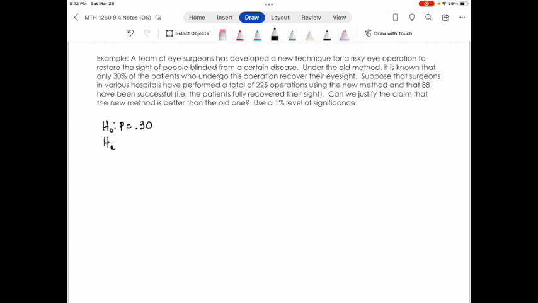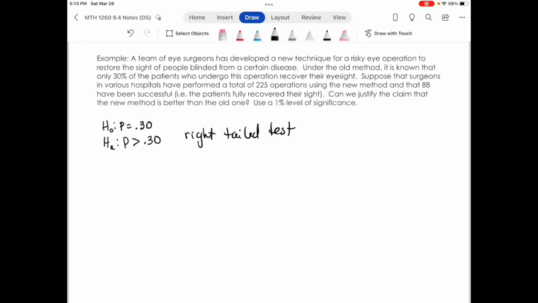Now, if this new operation is improving the success rate, then our alternative hypothesis is going to be that our success rate is greater than 30. So this is going to give us a right-tailed test.